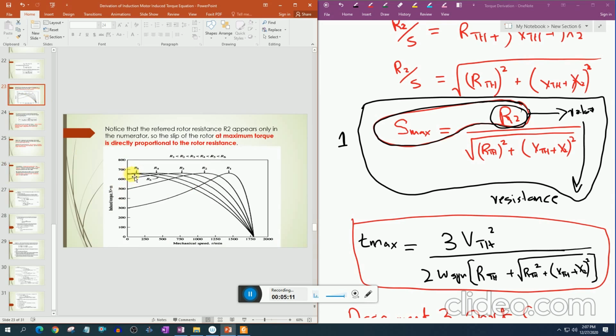The motor starts at maximum torque, and as it starts, the inserted resistance is decreased and the maximum pull-out torque moves from this to this, and then the motor runs at the maximum pull-out torque near the synchronous speed. This is the advantage of controlling the resistance of the wound rotor motor.